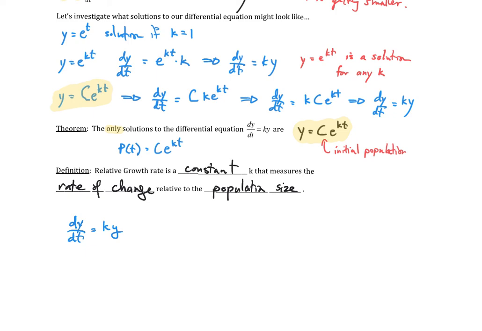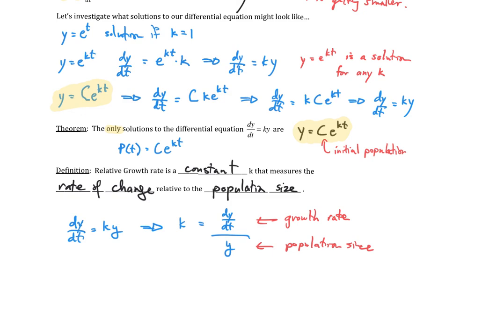Now what I could do is divide both sides by y. If I divide both sides by y, I get k is equal to dy dt in the numerator, and in the denominator we have y. So I think we could see that this is the growth rate divided by the population size. So by looking at this, we can see that k is the growth rate relative to the population size.